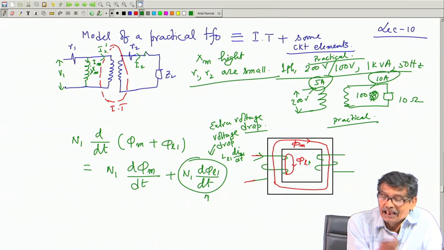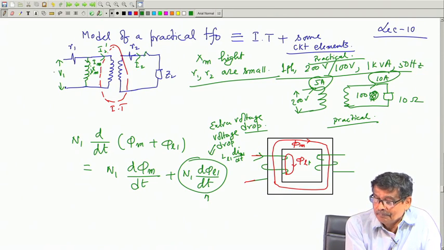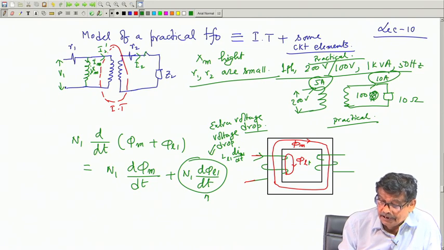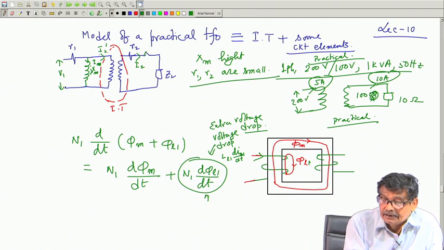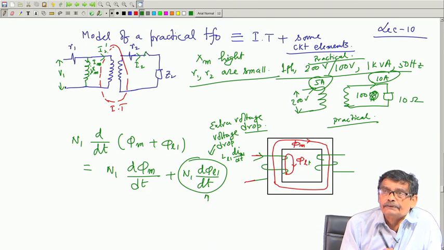Therefore, it looks like for the applied voltage I have given, there will be a voltage drop in R 1, but there is also a small inductance drop which will take place to take care of this voltage here.